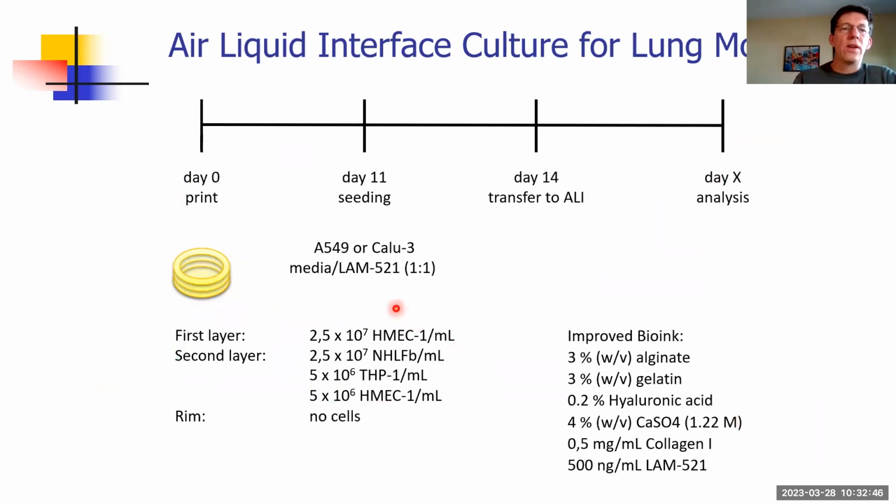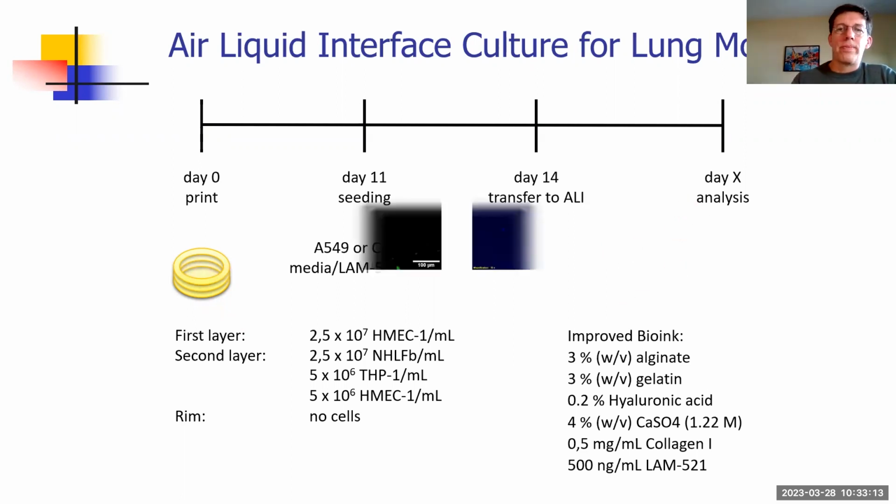Actually, for the experiments, we then use the baby pool, which I've shown you before, because this nicely retains the top layer of epithelial cells. So we printed our model. We then seeded the epithelial cells on top in this baby pool, and then transferred it to the air-liquid interface, and then carried out our experiments.